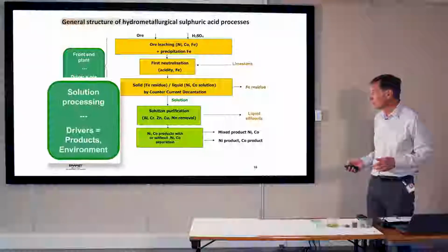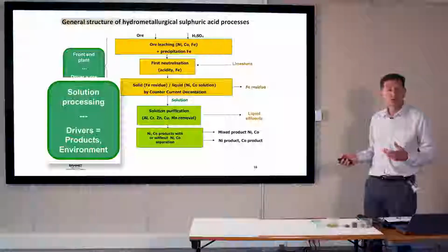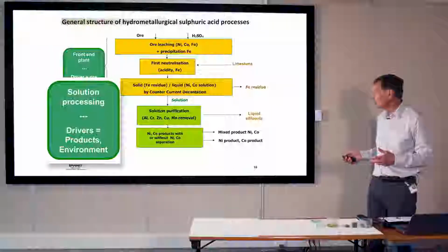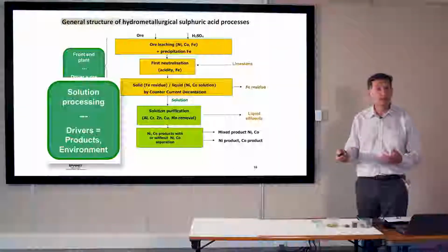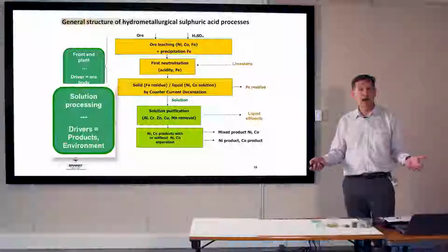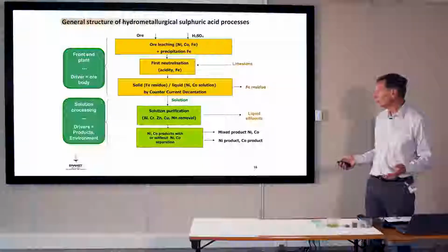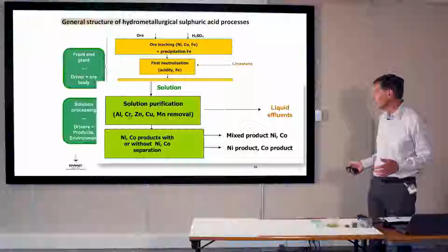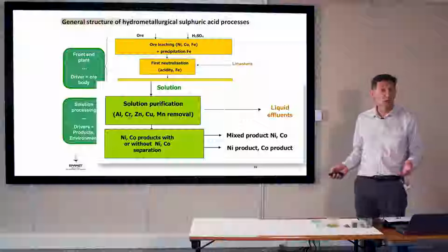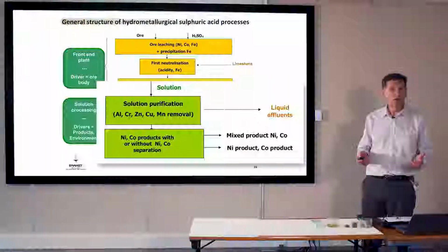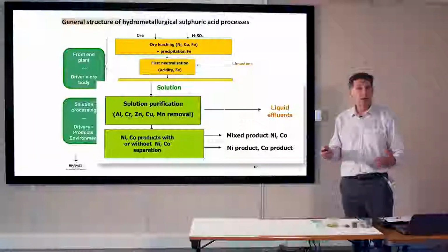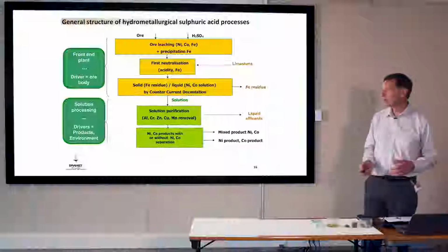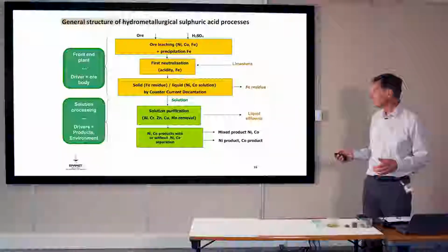The second part of the plant is the solution. By leaching, you produce a solution containing nickel, cobalt, and impurities, and you would have different kinds of processes to treat this solution, to separate the impurities, and to recover nickel and cobalt, either in the same product or dissociated, a nickel product and a cobalt product.